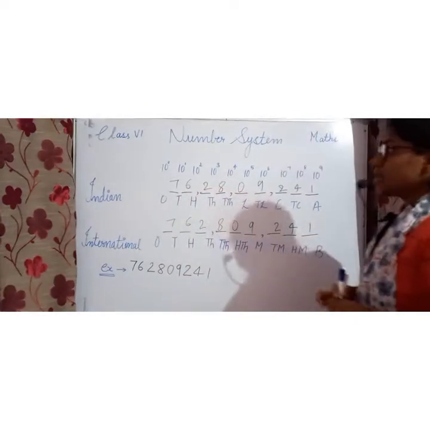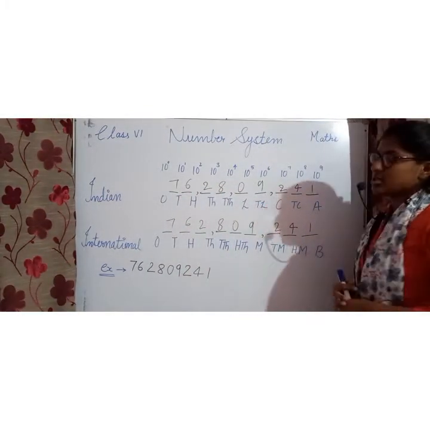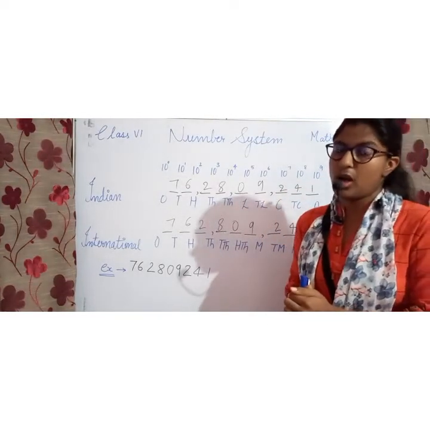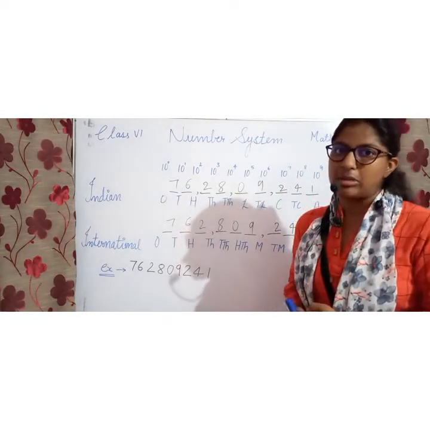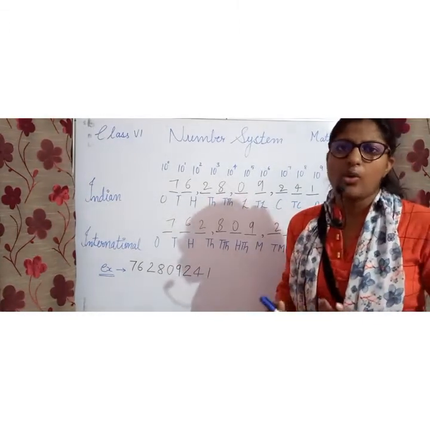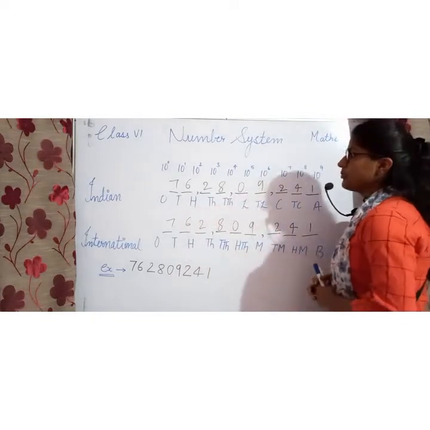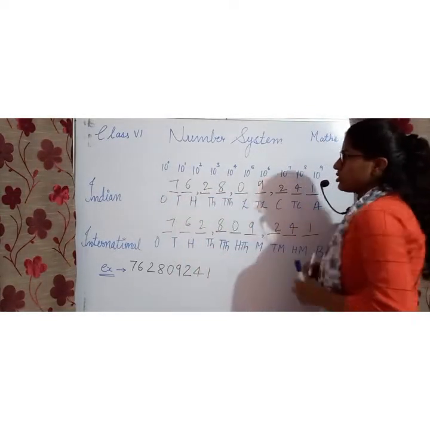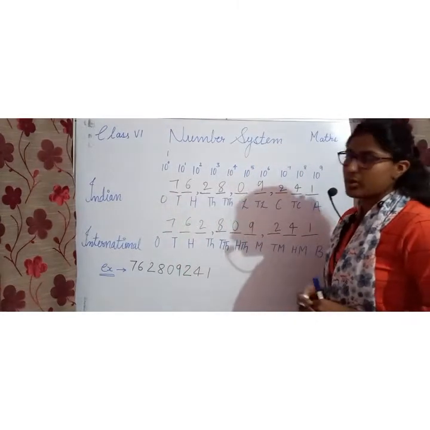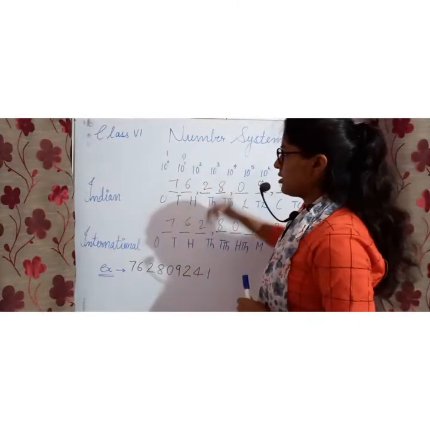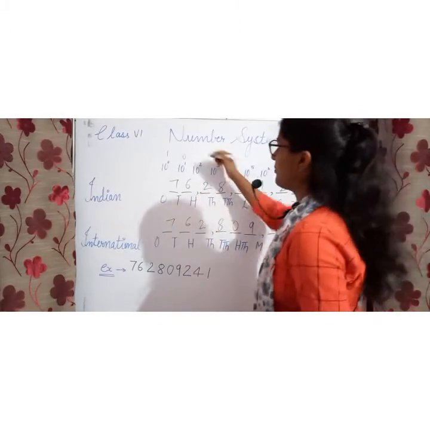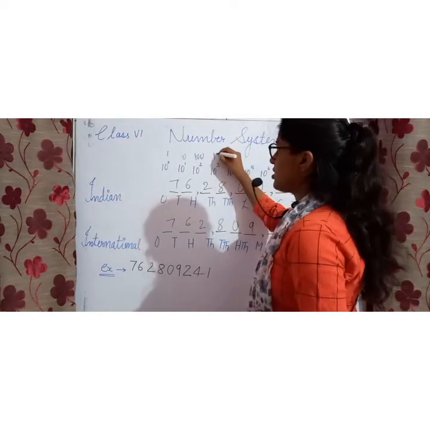Okay, but the question may also ask how many zeros you have in 1 crore, how many zeros you have in 10 million, how many zeros you have in 100,000. In this situation, how do you give your answer? Now see here, 10 power 0, what is the value of this? 1. 10 power 1 means the value is 10. 10 power 2 means the value is 100. 10 power 3 means 1000, and so on.